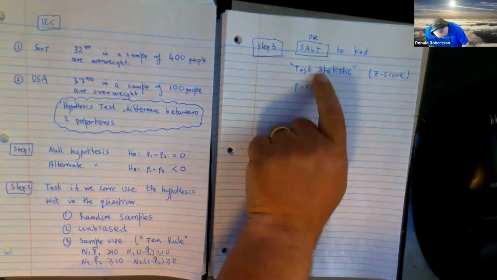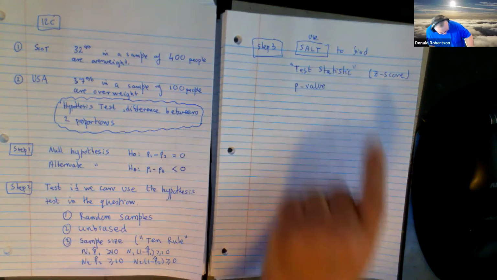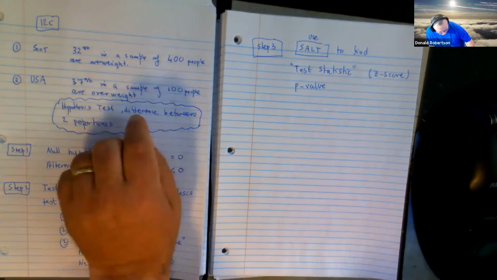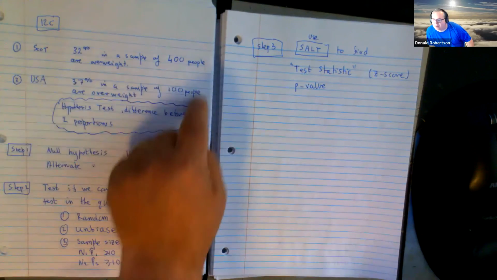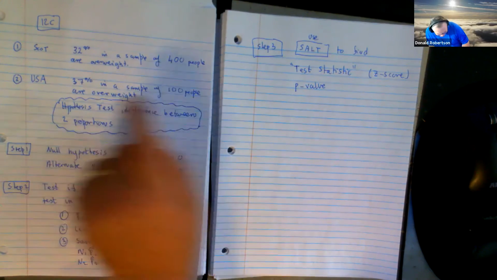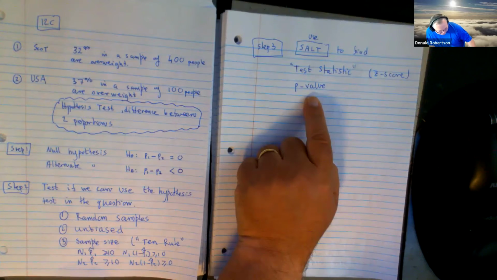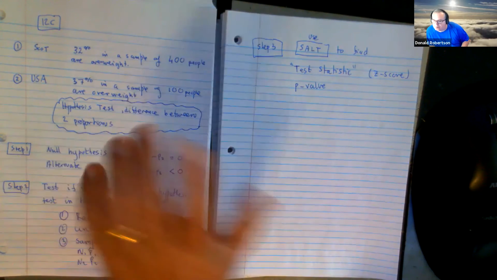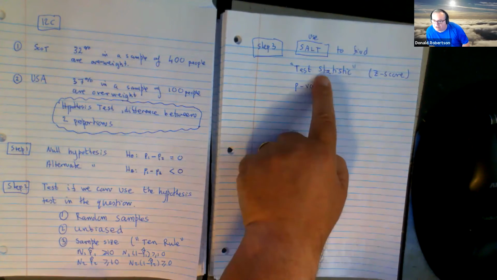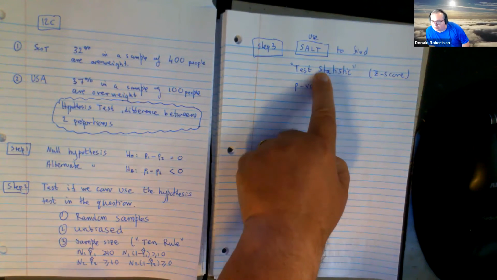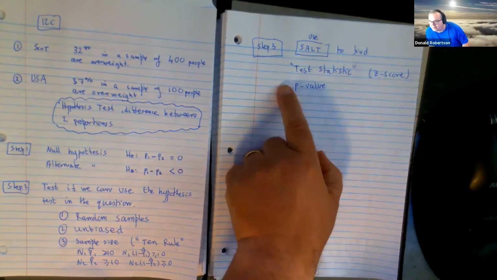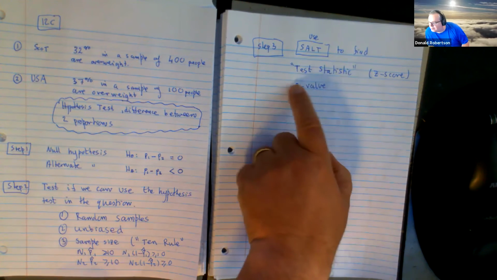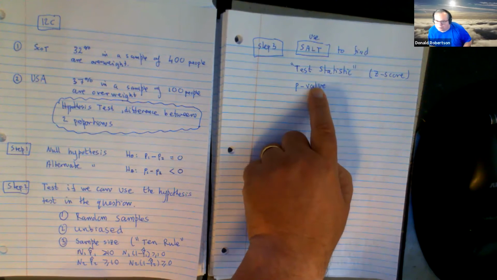Now, basically, the test statistic is going to use this information, and it's going to give you a Z-score for the likelihood of that happening. And then the p-value is going to tell you the probability that this happened. Right? So that's what their job is. The test statistic is basically just a number that allows us to get the p-value. So if you never told me the test statistic, I wouldn't be too worried about it, but you better tell me the p-value, because that is very important.